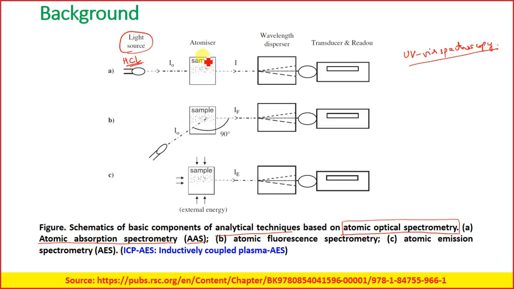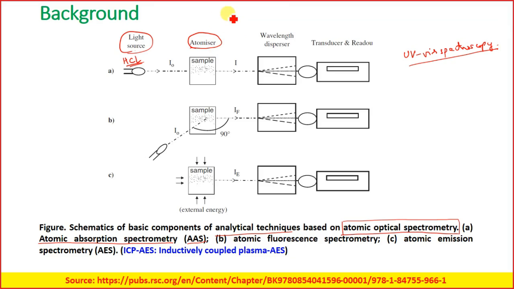But what is the sample over here? The sample can be in the form of a solid or a liquid, but it is atomized using the atomizer, and the atoms are sent to the excited level using energy transfer.